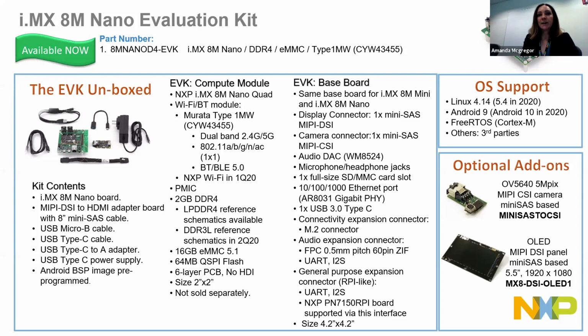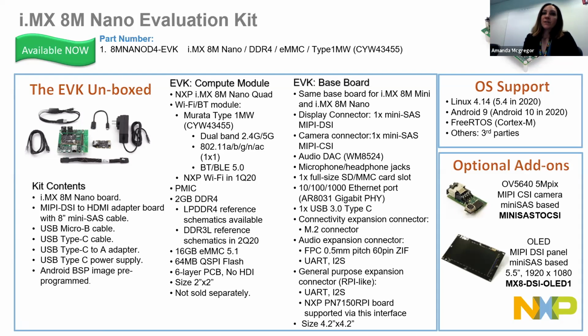It comes with DDR4 memory and a Wi-Fi module, and then there are some optional add-on cards for displays and cameras that can be purchased separately. You'll note that these are the same accessory boards that work with the 8M and the 8M Mini. So if you already have one, you're great. You just need to get the Nano EVK.